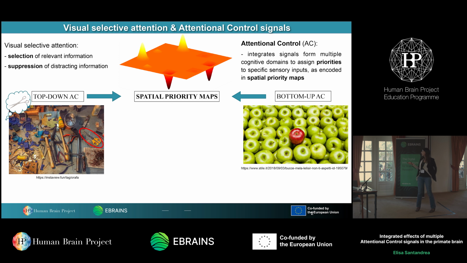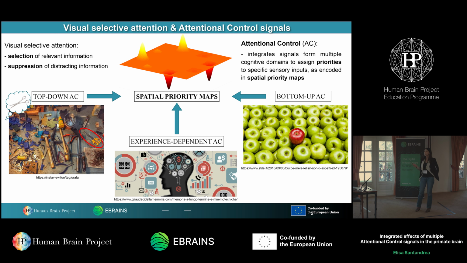And the third category, which has been studied in terms of attentional control, pertains to a very heterogeneous signal that can be referred to as experience-dependent attentional control, which are all the signals that can derive from previous experience with given items, stimuli, locations.